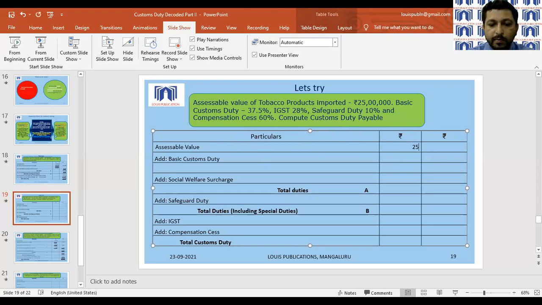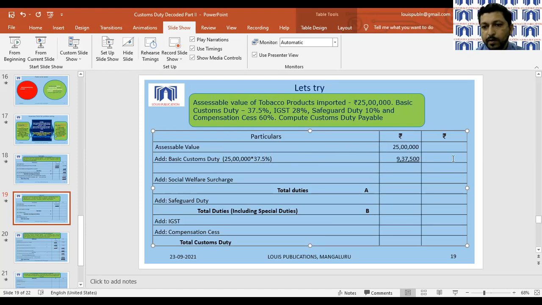So first I will record assessable value right here. It is 25 lakh. Then I'm going to add basic customs duty. As far as basic customs duty is concerned, the rate is 37.5%. So 25 lakh into 37.5% will be 9 lakh 37,500.